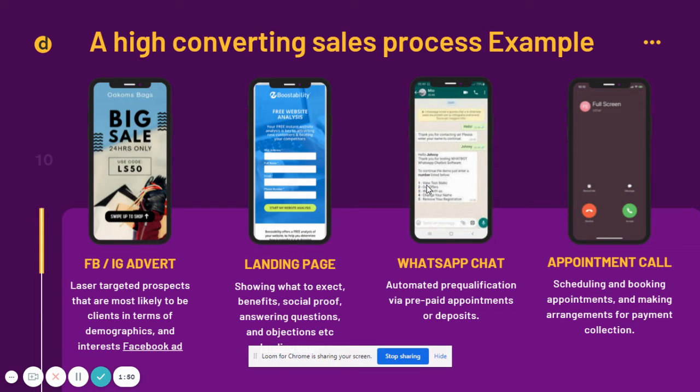So this is what a high converting sales process looks like. As I've said, first step over here, when your ideal prospect sees your advertisement on Facebook or Instagram, this is kind of what they see. This is just a stand-in story ad.